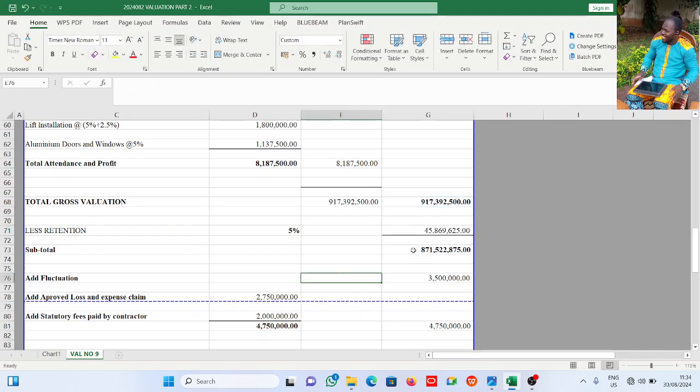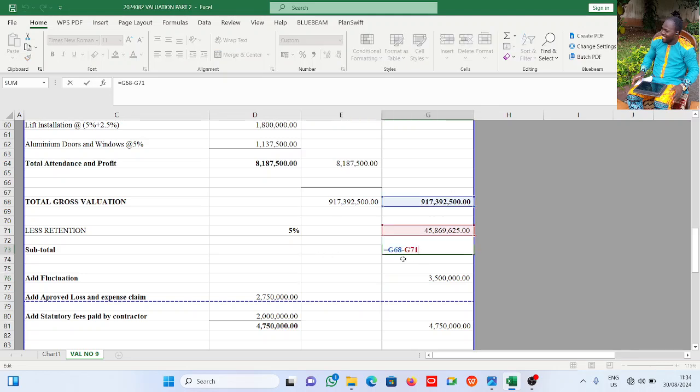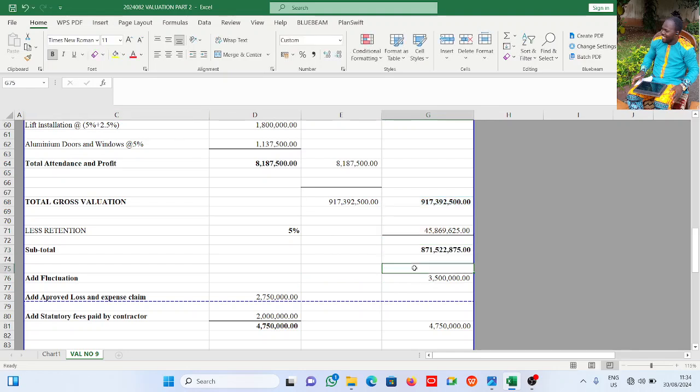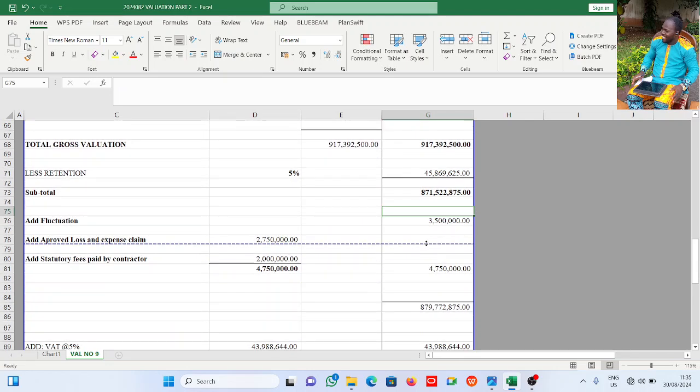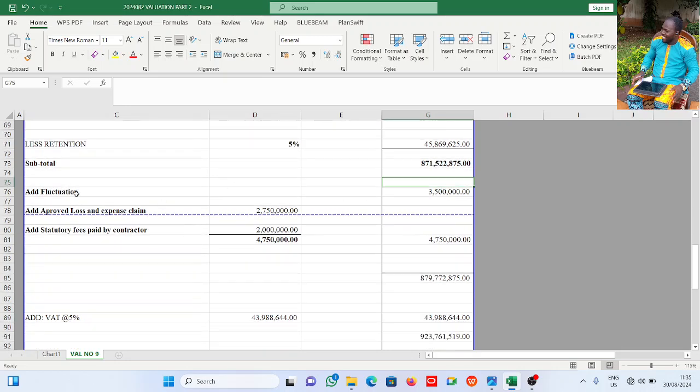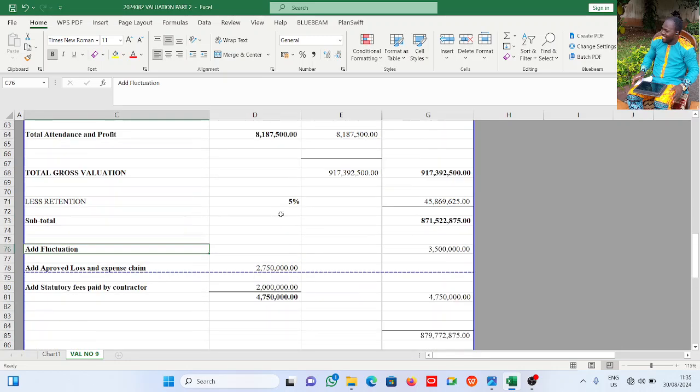That gives me 45,869,625 naira. So if I less it, it's the subtraction, I have this amount, it is 871,522,875 naira.